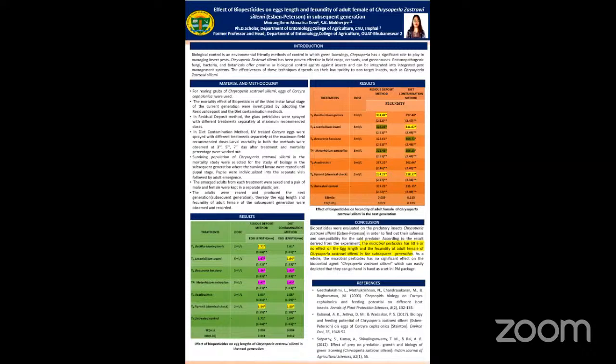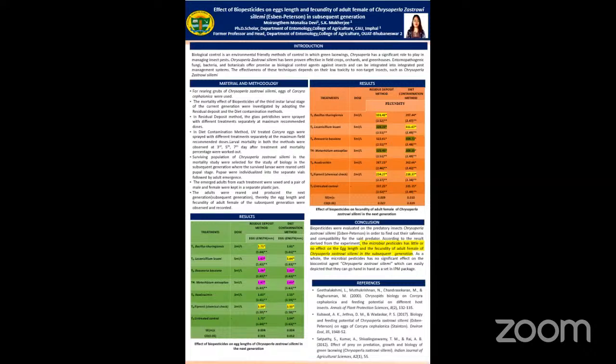In the residue deposit method, glass petri dishes were sprayed with different treatments separately at the maximum recommended doses. In the dyed contamination method, UV treated Corcyra eggs were sprayed with different treatments separately at the maximum recommended doses. After that, larval mortality in both methods was observed at 3rd, 5th, and 7th days after treatment, and the mortality percentage was worked out.